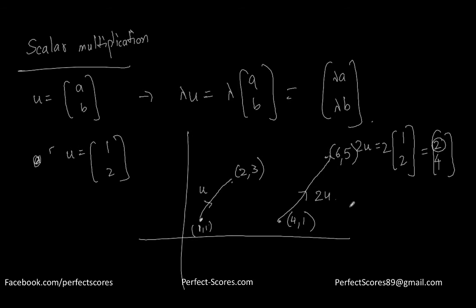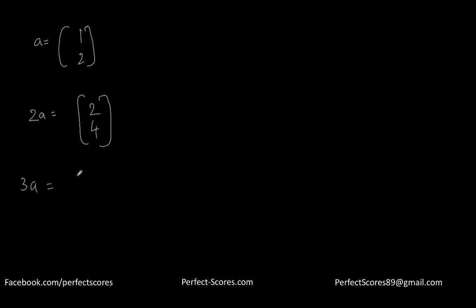Let's say, for example, I have a question. Suppose I have a vector a that is equal to 1 and 2. What is going to be 2 times a? 2 times a is simply going to be 2 comma 4. I'm going to multiply 2 along with it. What is going to be 3 times a? 3 times a is simply going to be 3 comma 6. I'm going to multiply 3 along with it.